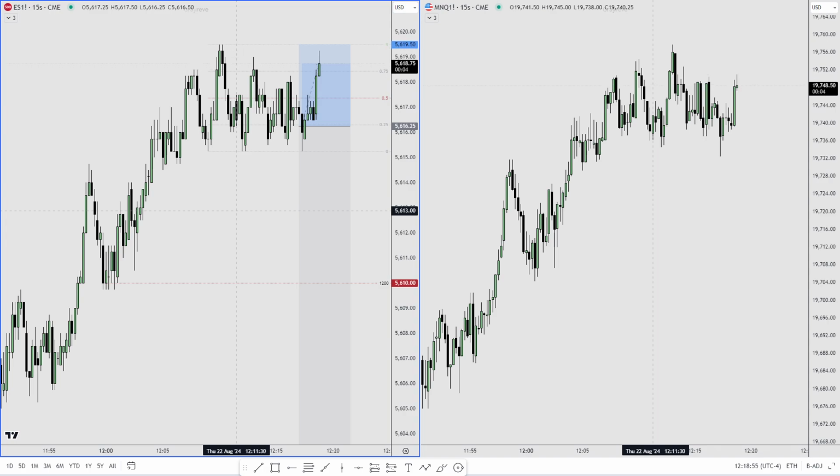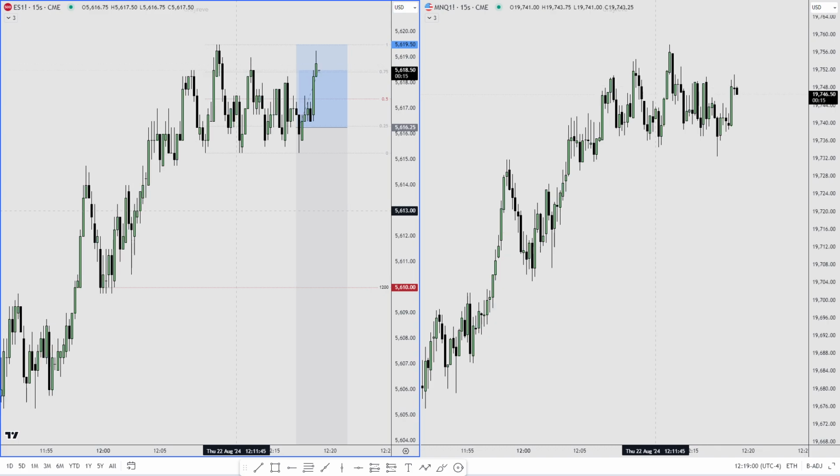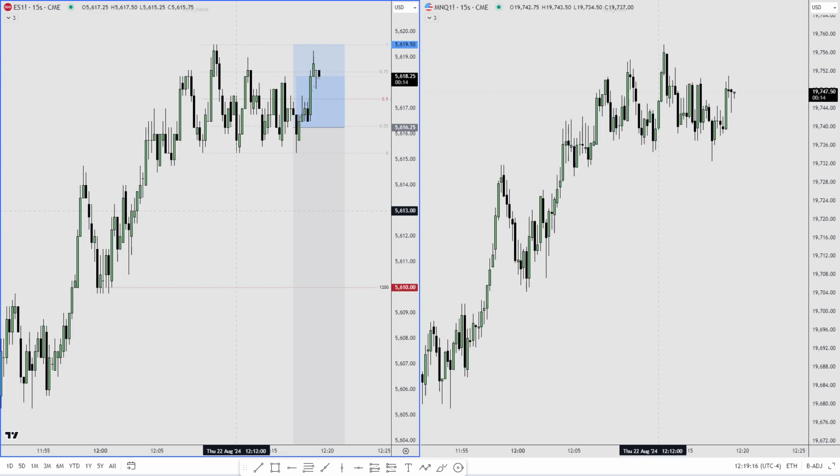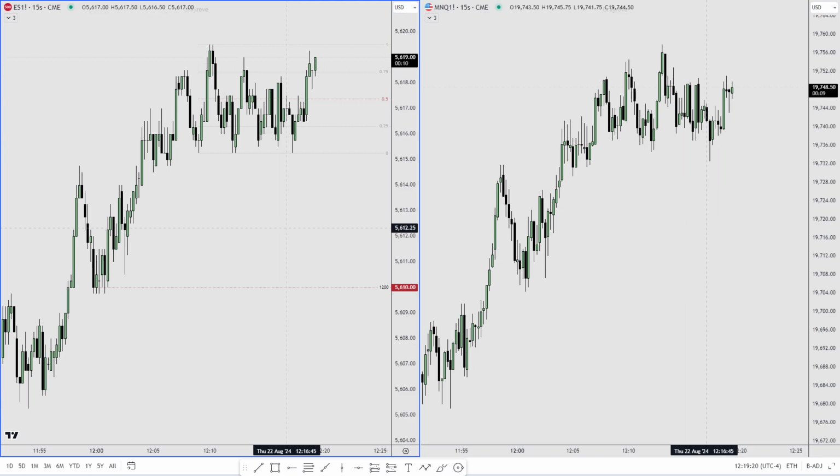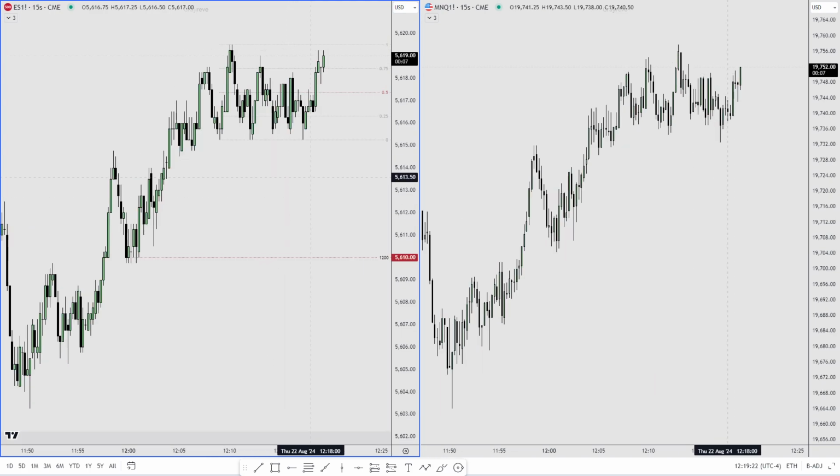Seems to me it wants to attack the fair value gap that is higher. There's one more 15 minutes fair value gap above, about 5627. It looks like that is the fair value gap it's going to go for, but it's none of my concern.